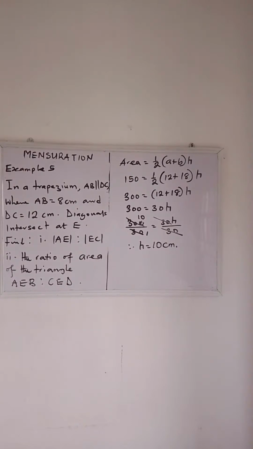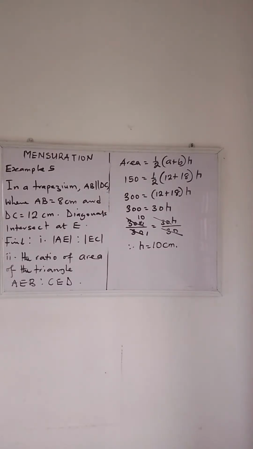In the trapezium, AB is parallel to DC, where AB equals to 8 centimeter and the DC is 12 centimeter. Okay, thank you, Toyosi. All right, you're welcome. So this equals to 12 centimeter.